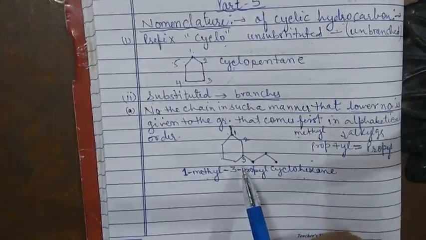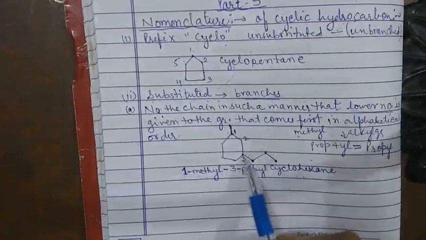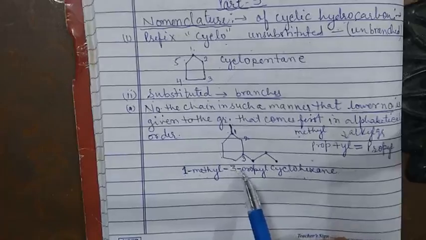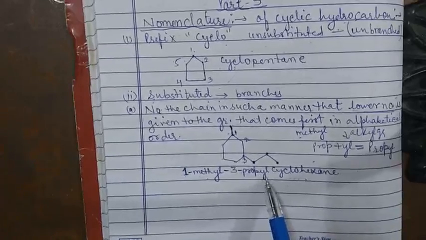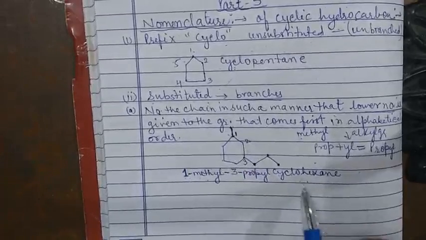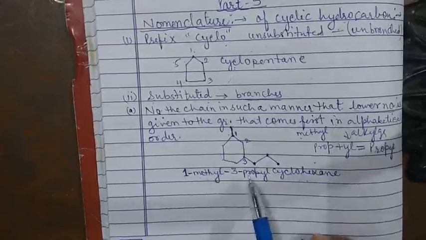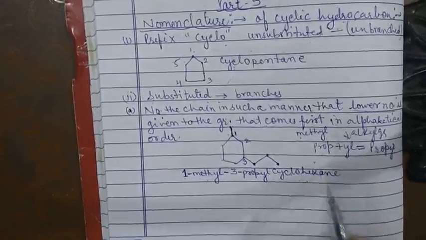Again we have to put a dash, then the position of the other alkyl group, that is 3, dash, the name is propyl, and the word root is the parent chain, cyclohexane. So it is 1-methyl 3-propyl cyclohexane.